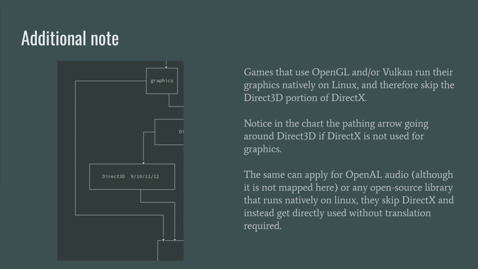For those games that use those directly, Wine does some minimum translation, but it can pass most things directly to Linux because Linux is able to run those natively, as opposed to Direct3D where it cannot. So OpenGL and Vulkan don't have to go through DirectX.